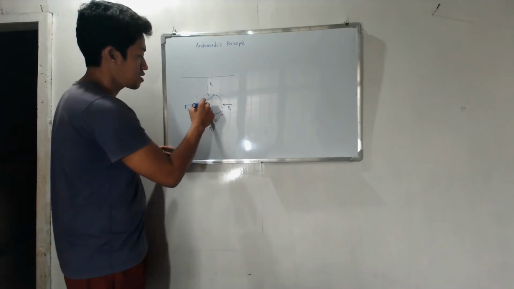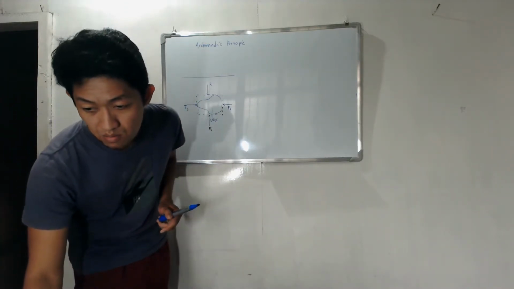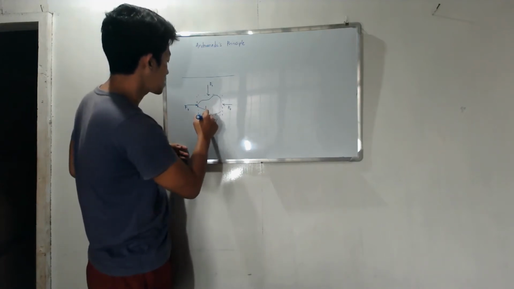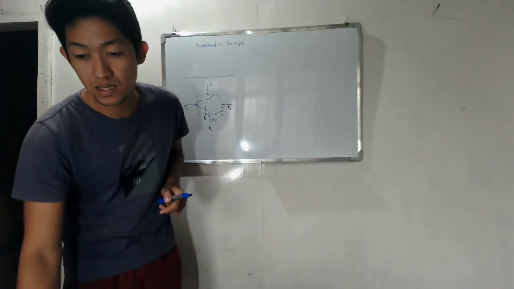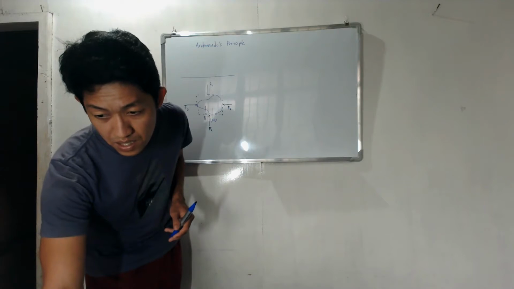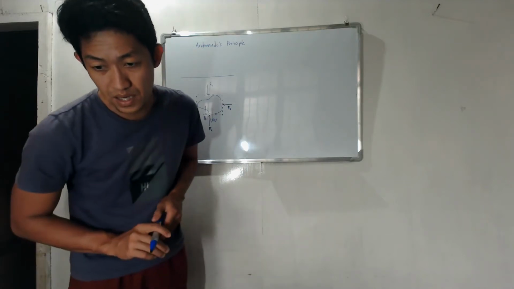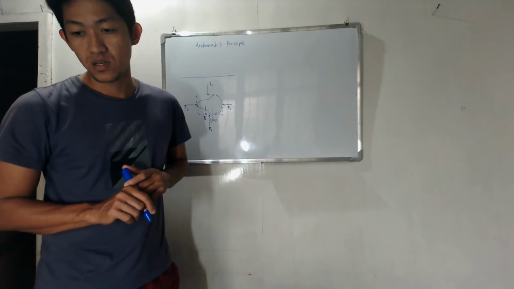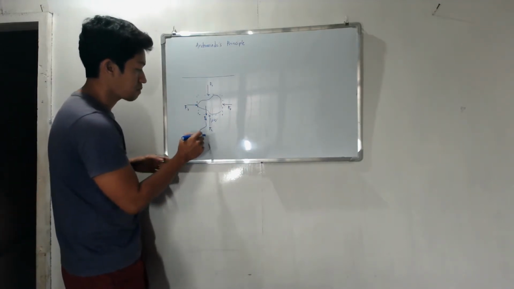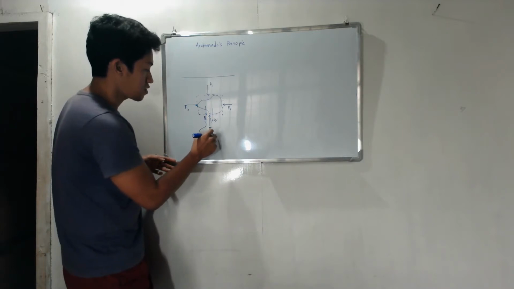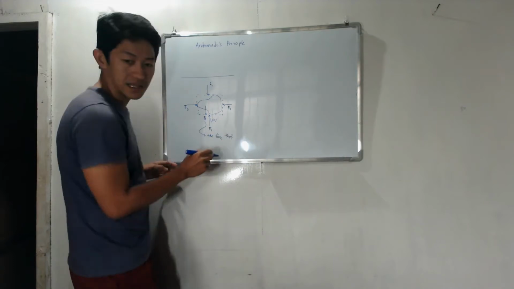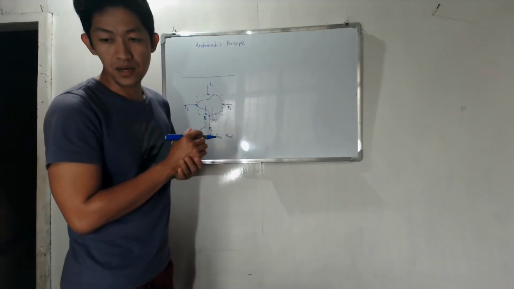buoyant force. Let's call that one F sub B. So what is F sub B? F sub B is the force the body is exerting on the fluid.